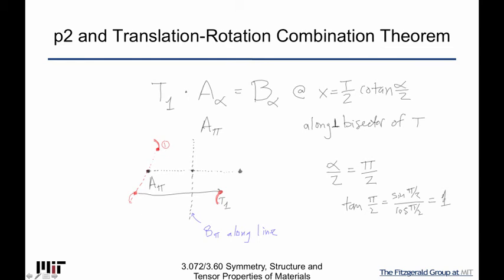Oh, I'm sorry, what am I doing? The tan is equal to 1 over 0, right?